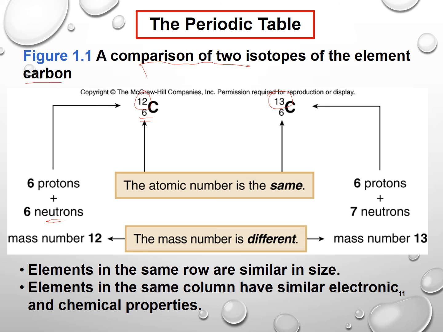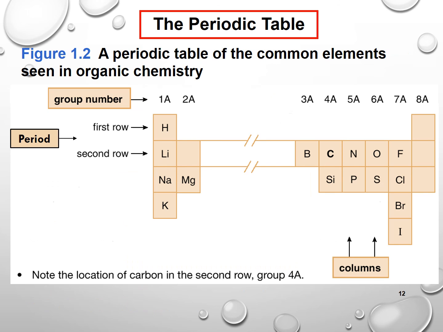Okay, so element in the same row have a similar in size, and elements in the same column have a similar electronic and chemical properties. This is as I mentioned previously. Okay, so this is row. Row adalah period, and then this is the group.